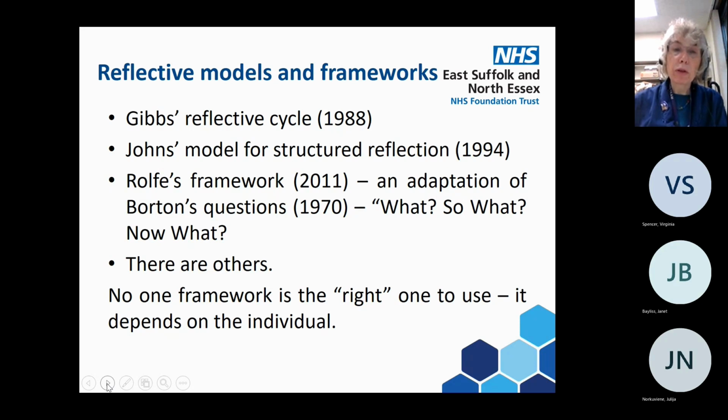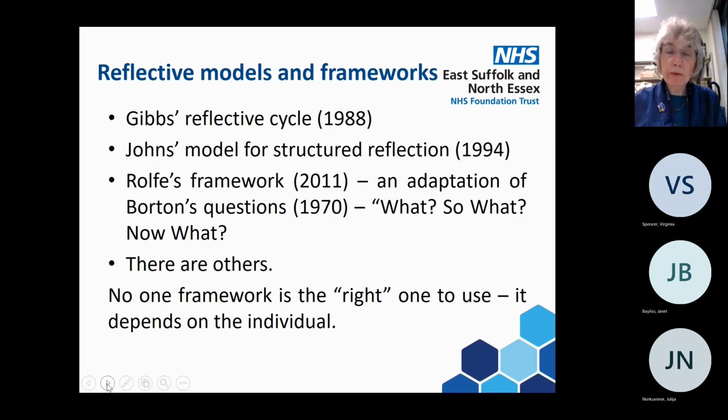Terry Borton wrote three questions, a very simple cycle of 1970, and I call this the teenagers framework because it's sort of: What? So what? Now what? So I think the thing is that it's very simple. And Borton Rolfe framework, if Gibbs for any reason doesn't work for you, Borton Rolfe might, and if it doesn't, try another one. And there are quite a few others.